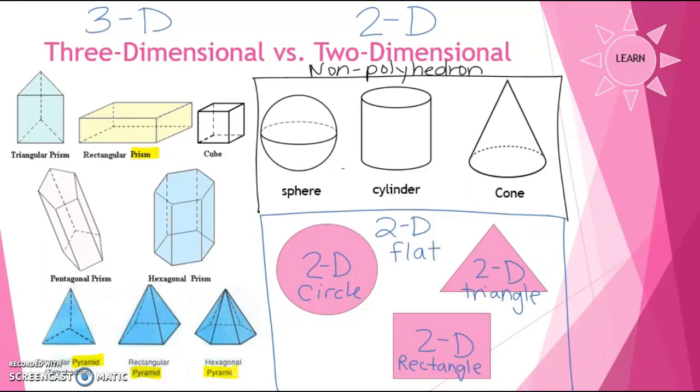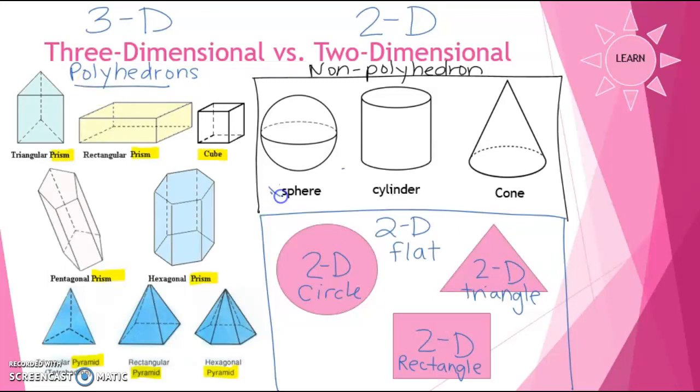And they have figures with faces, all right? So all of the shapes on this side that have a highlight are considered polyhedrons. And it's because they are 3D shapes and their sides have faces. And all of their sides have faces. That's what differentiates them from the non-polyhedron.